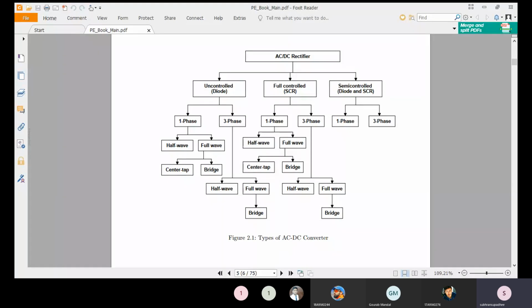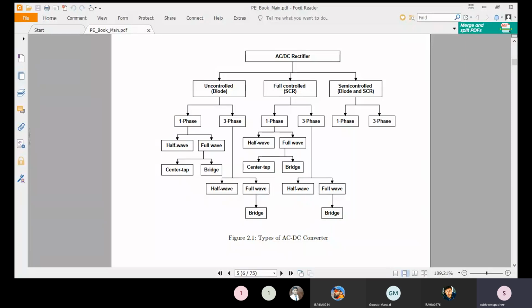In this kind of switch, you provide an external pulse excitation to the switch so that the switch can be turned on or turned off according to your wish, right? And there is semi-control. Semi-control, as the name indicates, is the intermediate portion of uncontrolled and full control, in that it comprises both diodes as well as SCRs.